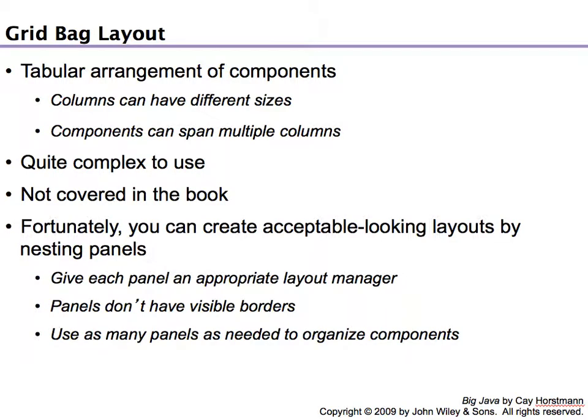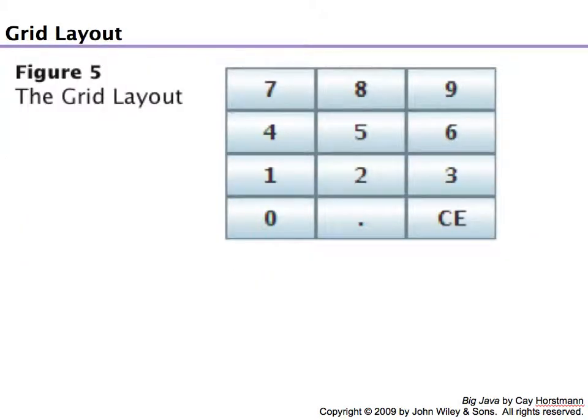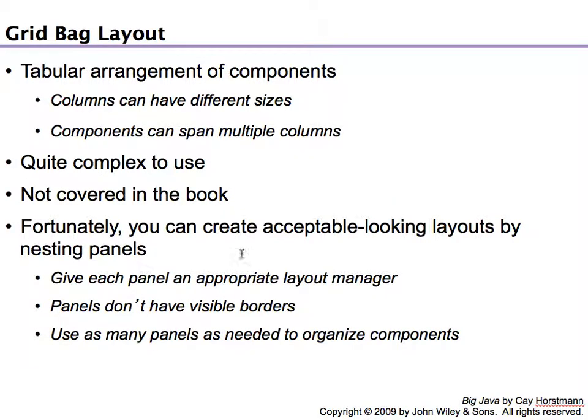There's something called the grid bag layout. In the grid layout, you can specify the distance between the cells, horizontal and vertical. The grid bag layout is a tabular arrangement of components. The difference between grid bag and grid is that in the grid bag you can have columns with different sizes and you can have components that span multiple columns.